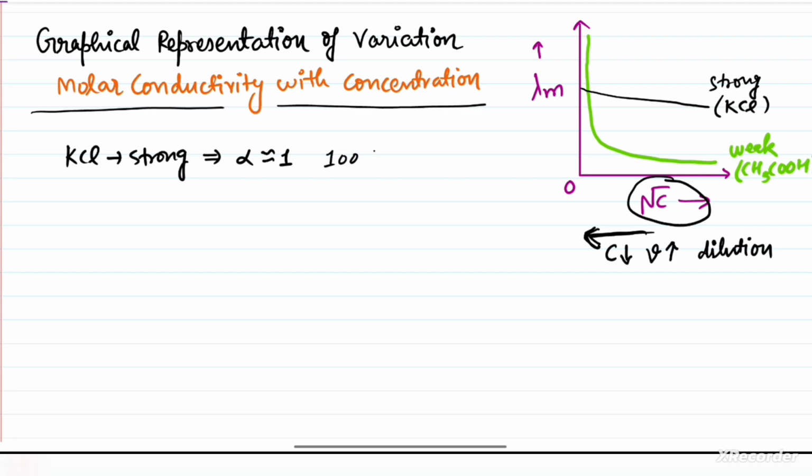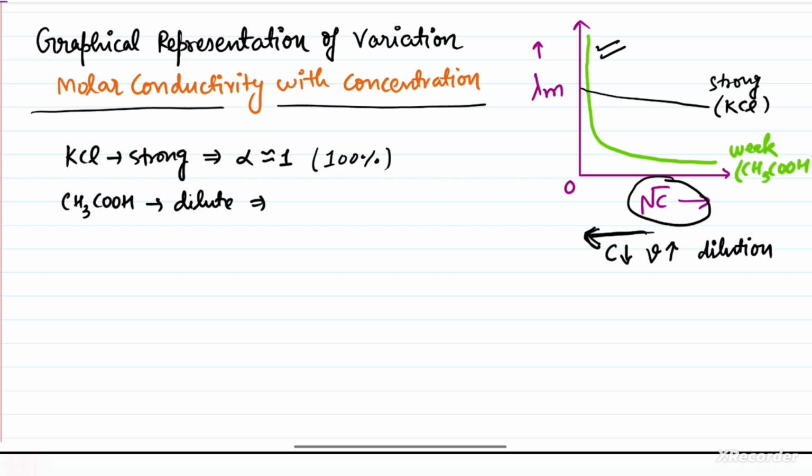So there will be no significant increase in molar conductivity. Molar conductivity is because of the ions, whereas in weak electrolyte, when we dilute it, ionization is going to occur. So a greater number of ions are there, which causes the sharp increase in molar conductance.